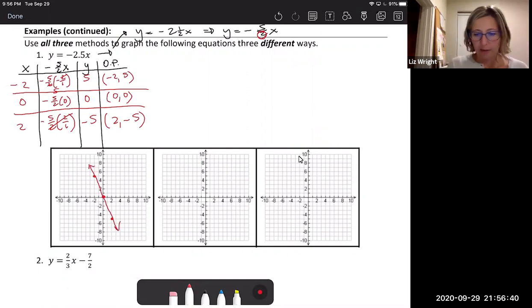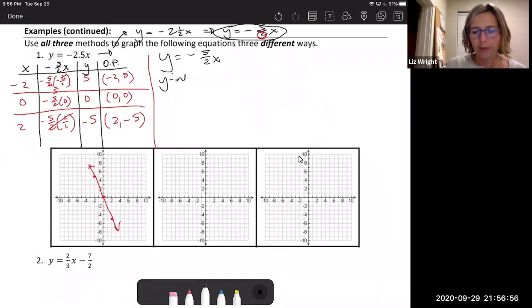All right, next method is using our slope-intercept form. I'm going to just use the equation we've already worked with: y equals -5/2 x. So my y-intercept is going to be what for this one? What's the b on this one?